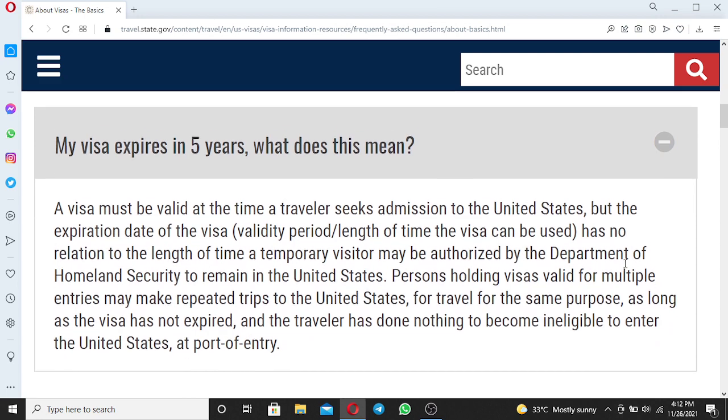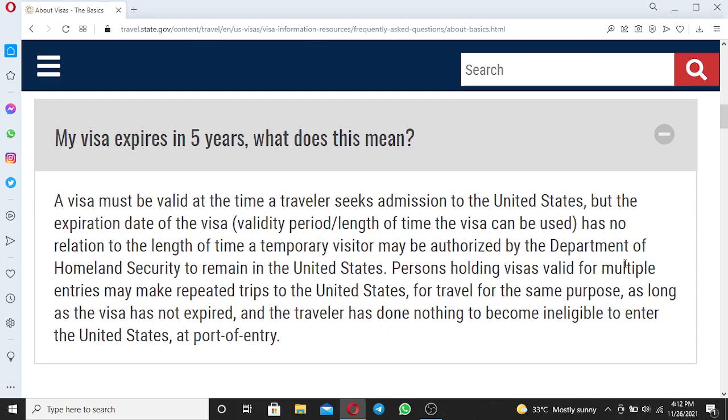So, for example, you've been issued a visa and your visa expires within 5 years. So, you will be allowed to enter multiple times to the United States because the visa permits you to do so, and that is because your visa is valid.